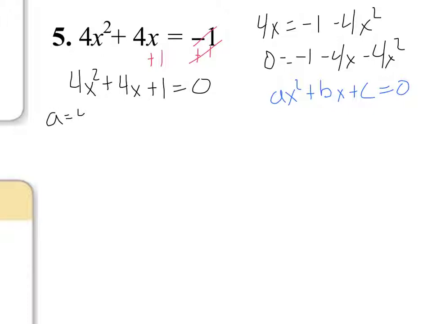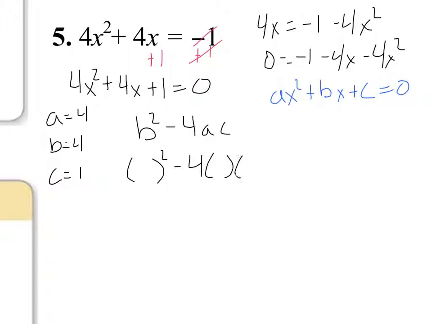So a is 4, b is 4, c is 1. All right, there's our little equation for the discriminant. So b is 4, a is 4, c is 1. Multiplying this out, 4 squared is 16, minus 4 times 1 times 4 is 16.